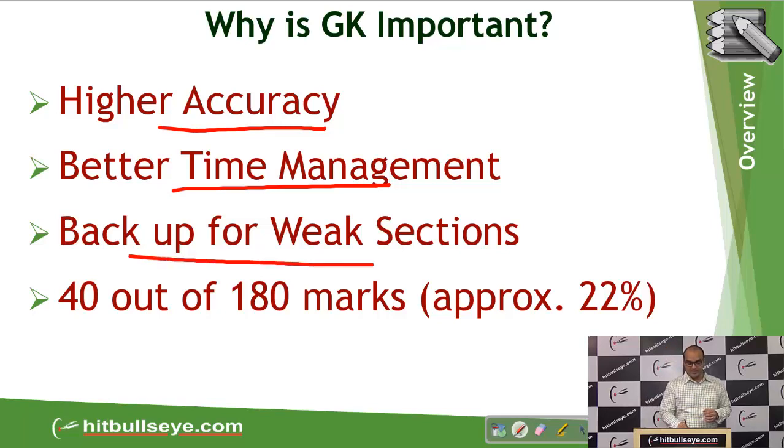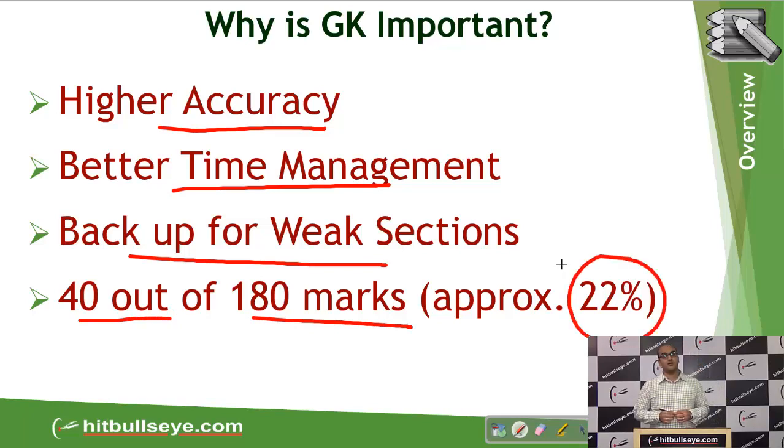Thirdly, due to the additional section in the SNAP test, the GK section provides you with a good and solid backup in case you feel that you are weak in the traditional sections like Quant, Verbal, Reasoning, DI, etc. Also, as we discussed earlier, around 40 out of 180 marks, that is approximately 22% of the entire paper, comes from the GK section.